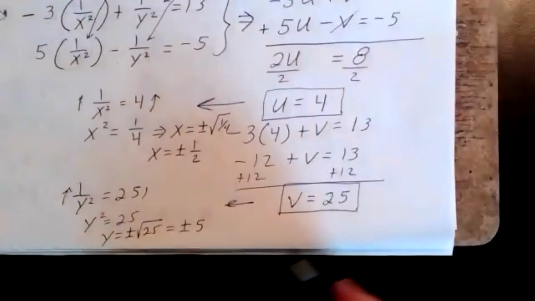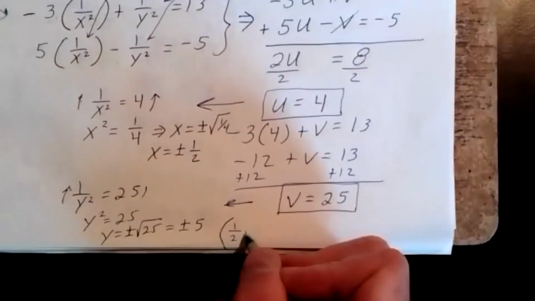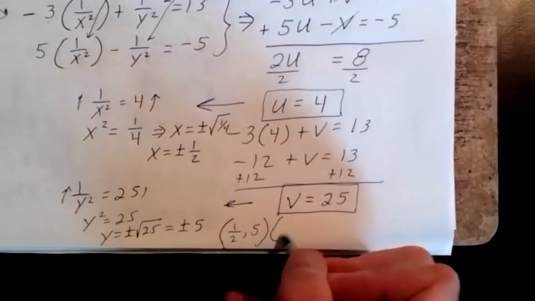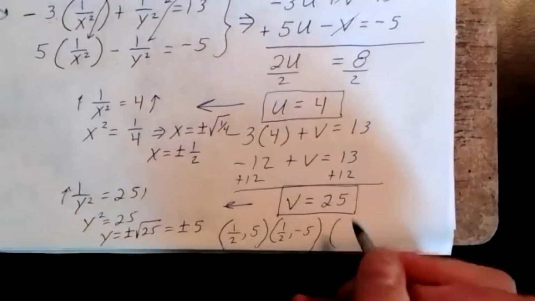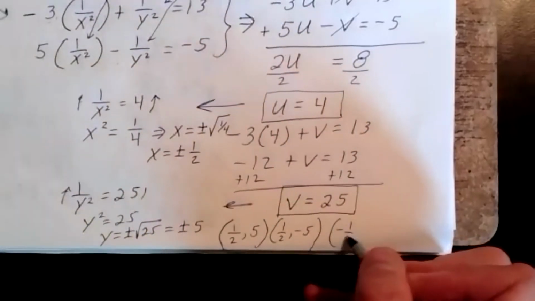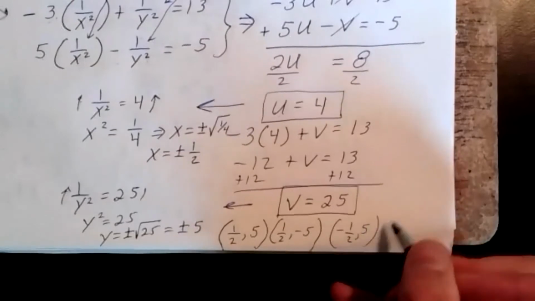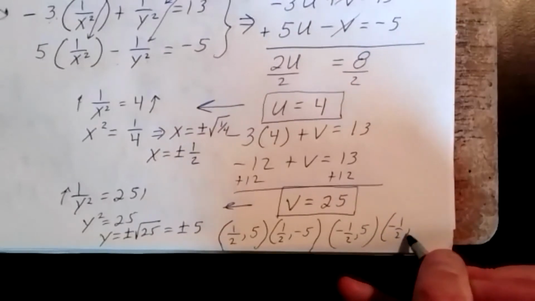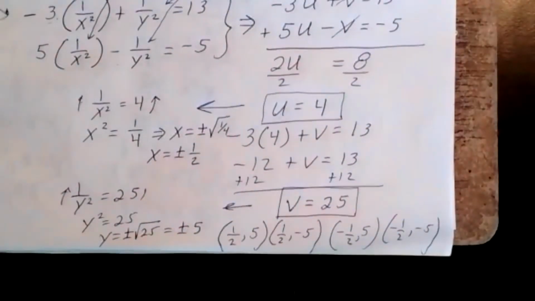So you could have a positive 1/2 and a positive 5, or a positive 1/2 and a negative 5, or a negative 1/2 for x and a positive 5 for y, or a negative 1/2 for x and a negative 5 for y. 4 different solutions, and there you go.